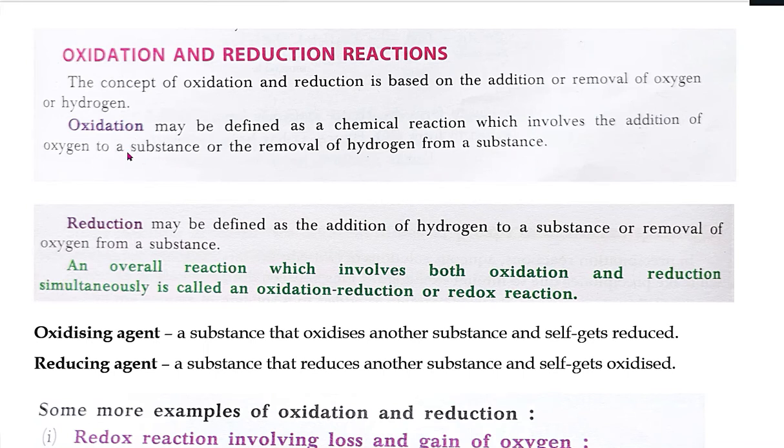The simplest definition of oxidation is addition of oxygen to a substance, or it may be defined as the removal of hydrogen from a substance. So oxidation can be addition of oxygen or removal of hydrogen from a substance.